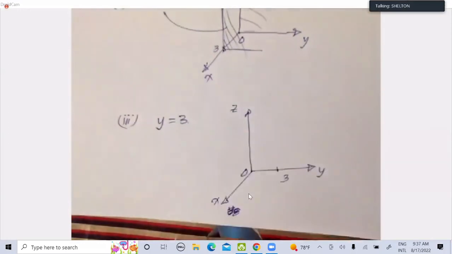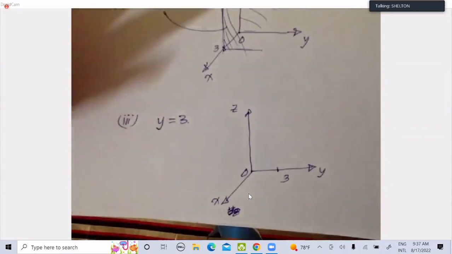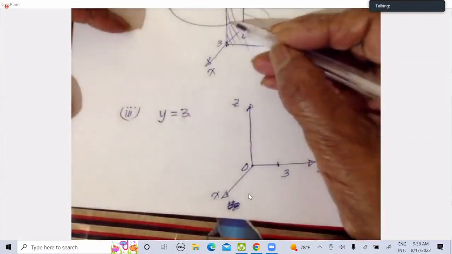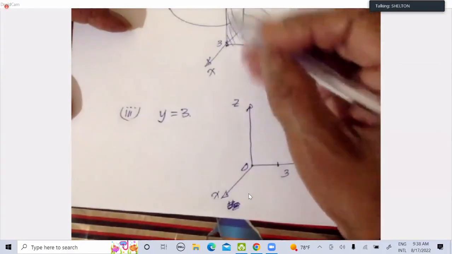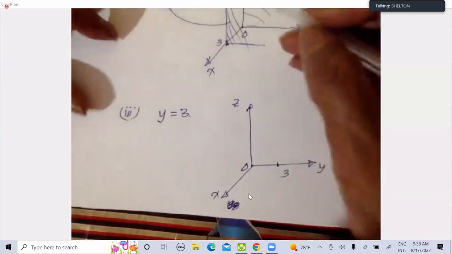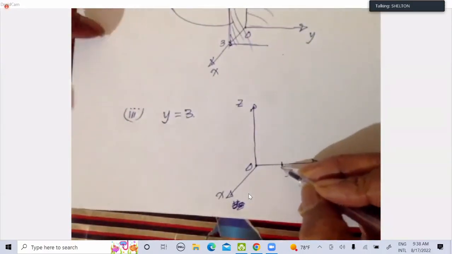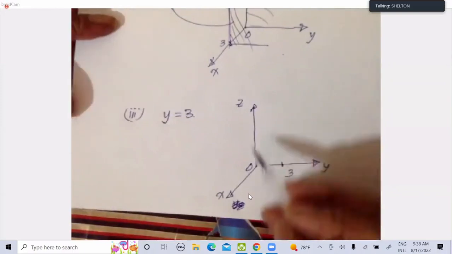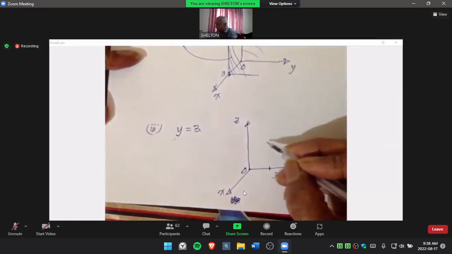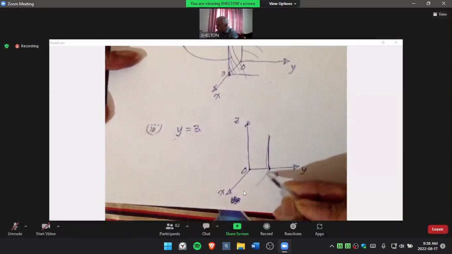Now, how do you draw y equals 3? For x equals 3, you drew lines parallel to the y-axis and the z-axis. For y equals 3, y equals 0 is the xz plane, so draw lines parallel to z and x.